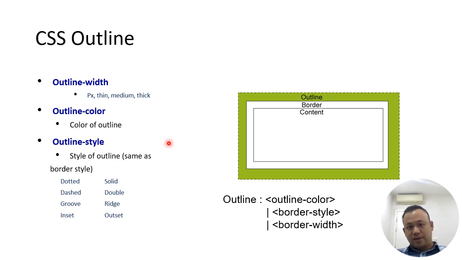However, the outline property is different from the border property, and the outline is not a part of the element's dimensions. We can see here the element's total width and height are not affected by the width of the outline. We also have some outline styles like dotted, solid, dashed, groove, inset, and outset.